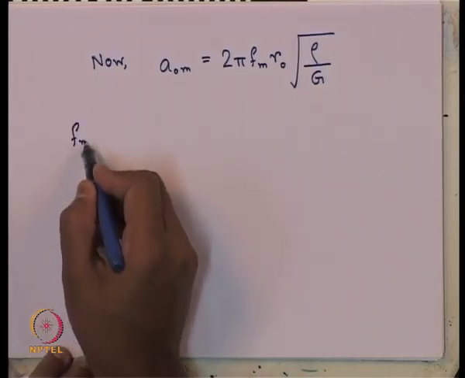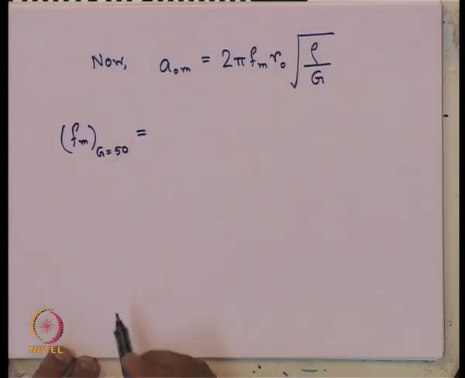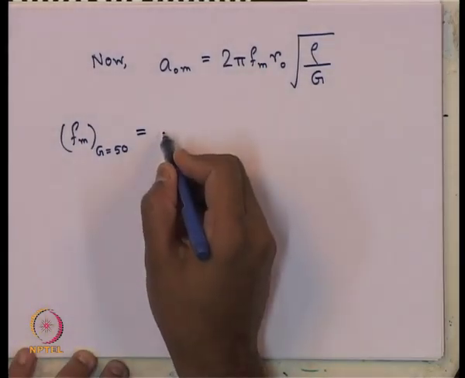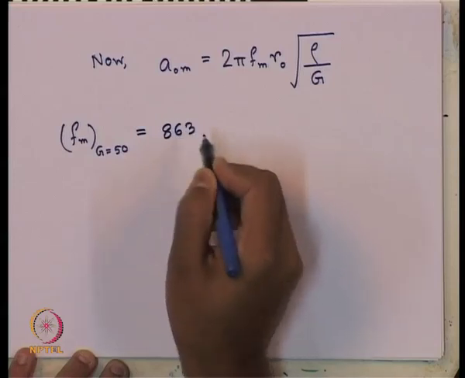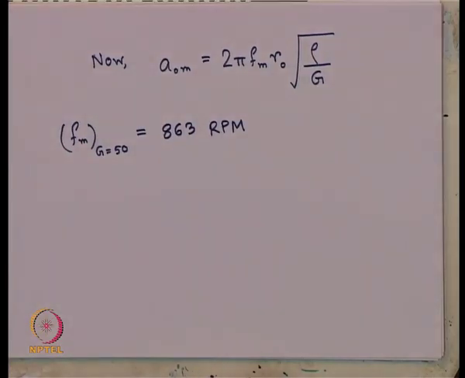So, f m for G equals to 50, how much are we getting? Please put the values. A naught m was 0.78. After calculating this, I got 863 RPM. Is this okay? Initially, f m you will get in hertz, that you need to convert to RPM, so check the units. Is it okay?